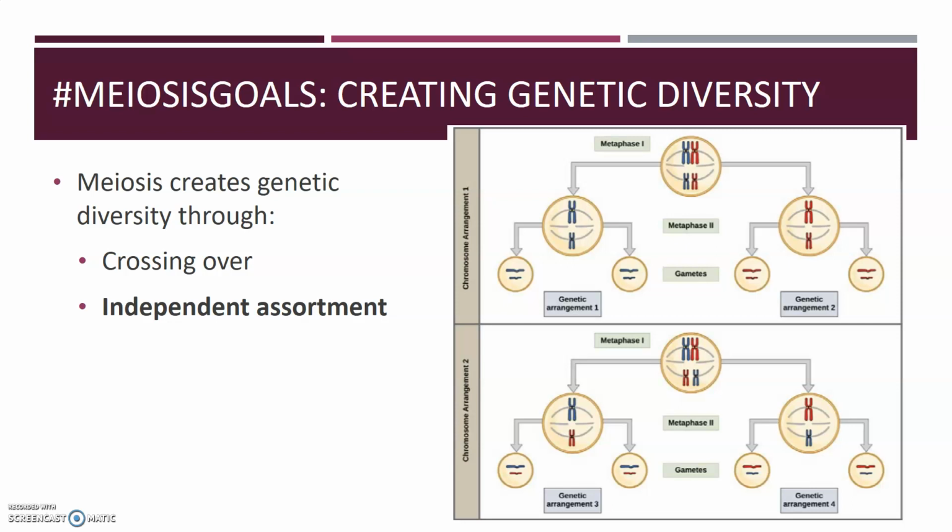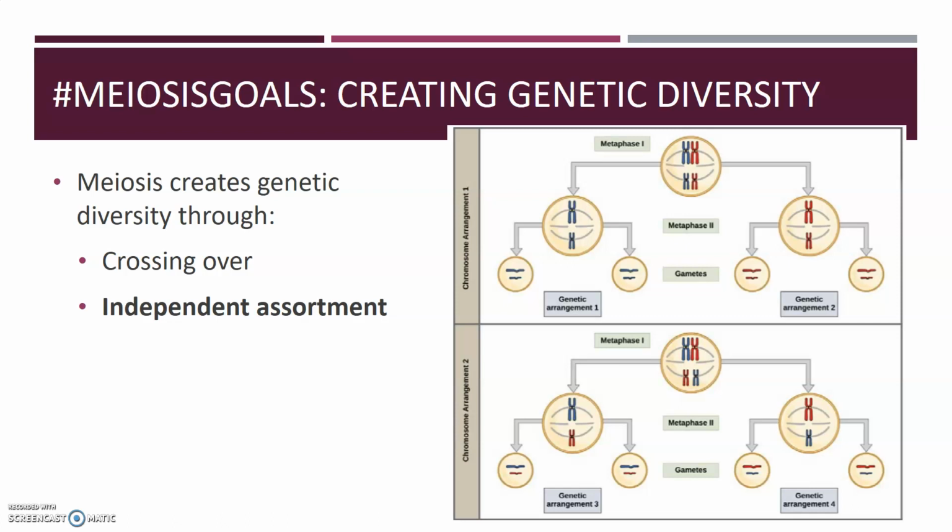And the other way that meiosis creates genetic diversity is through this idea of independent assortment, which you can see here on the right. This is a concept that I always struggled understanding, but really what it means is just that these chromosomes will assort independently of each other. Whether you end up with a red chromosome on the right or on the left group of cells is just totally random and due to chance.